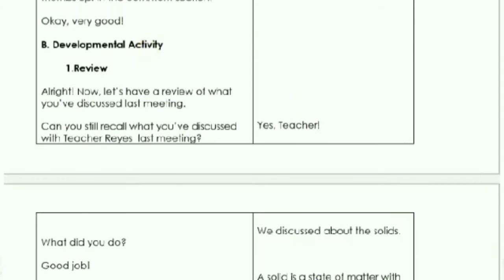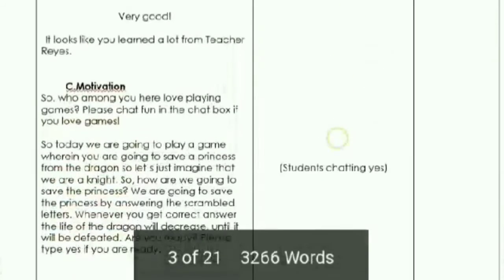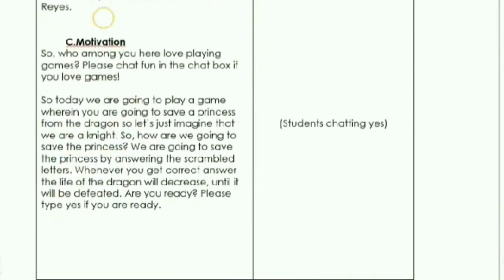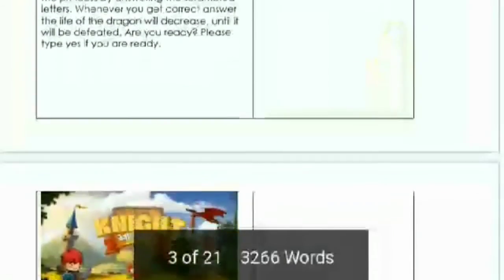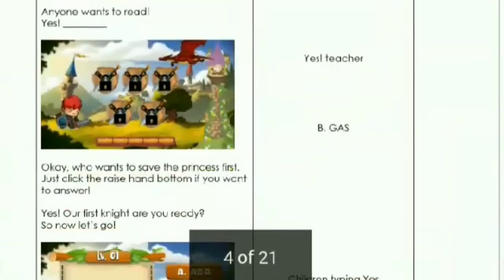It includes also the review of the previous lesson you taught. After that comes the letter C, the motivation. It is very important to indicate a motivation in your lesson plan because it gives your students interest about your topic.